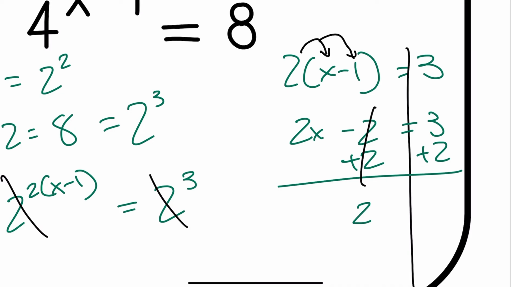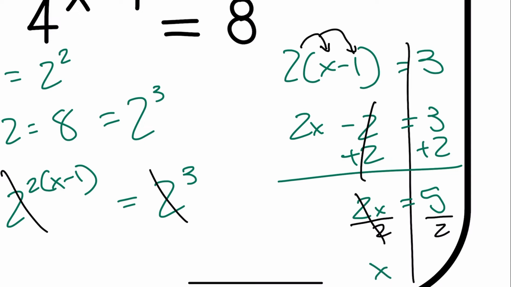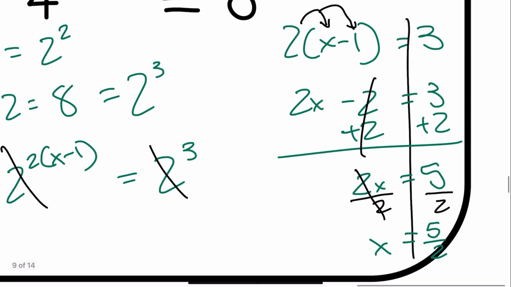So I'm left with 2x equals 3 plus 2, that is going to be 5. And then last step is going to be dividing by 2. So that turns into a 1, and we got x equals, like I said before, you don't need to find the decimal. We're just going to leave it as a fraction. So you get x equals 5 over 2. And that is our answer.